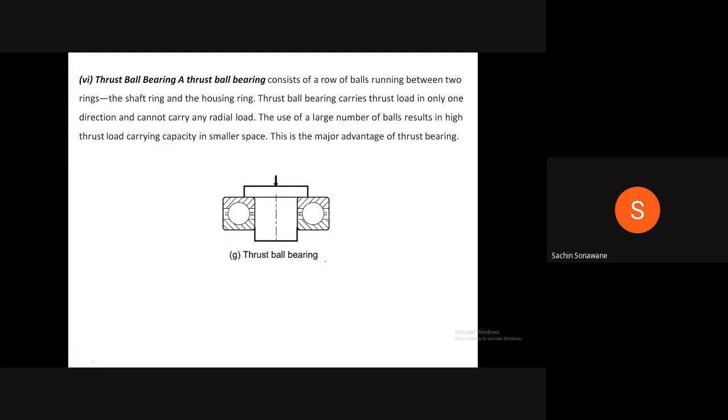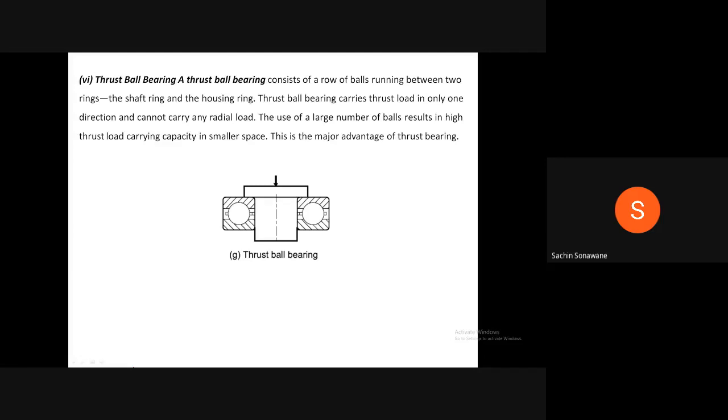Now, thrust ball bearing. In case of a thrust bearing, force is acting along the axis, always remember, or parallel to the axis.